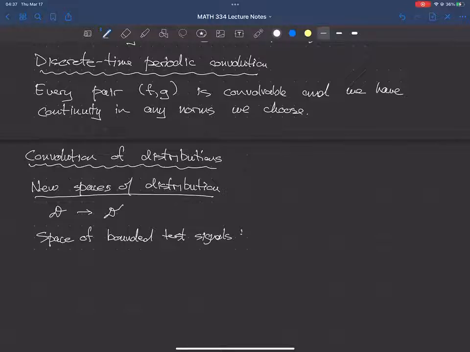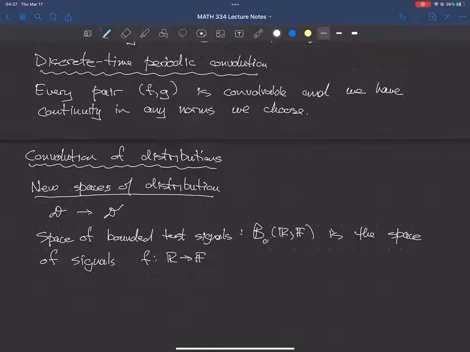I'm going to call these B sub 0 of R. They're going to have the following properties.